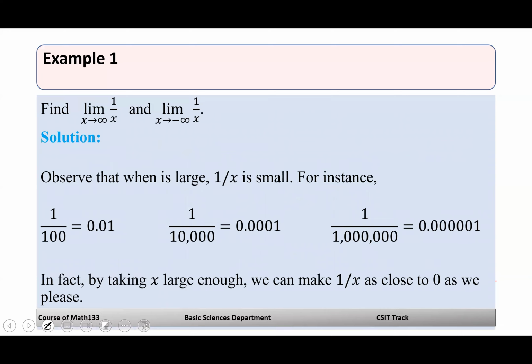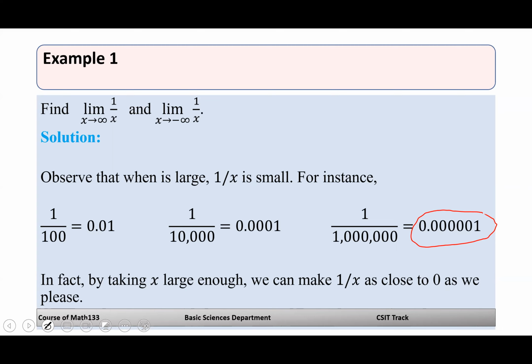Look at this example here. We want to find the limit of 1 over x when x approaches infinity. By a calculator, we see that if we take x very large, then clearly the value is approaching 0. So we conjecture that the limit of 1 over x when x approaches infinity is equal to 0.